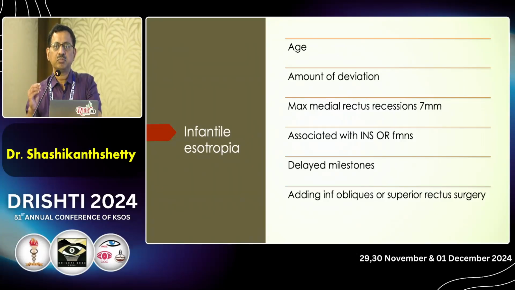These patients might have associated infantile nystagmus syndrome, or they may have something called fusion maldevelopment nystagmus syndrome. I think people will feel sleepy seeing those terminologies. There is nothing called a latent nystagmus. Patients can have fusion maldevelopment nystagmus, and it is important because the patient may have a head posture.